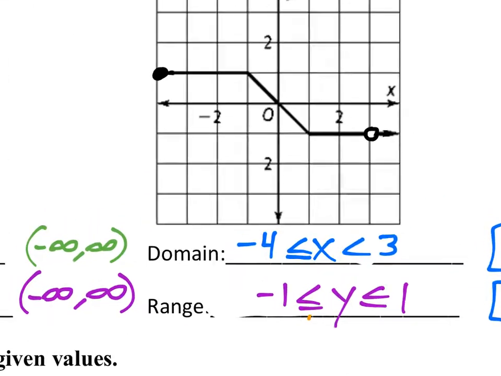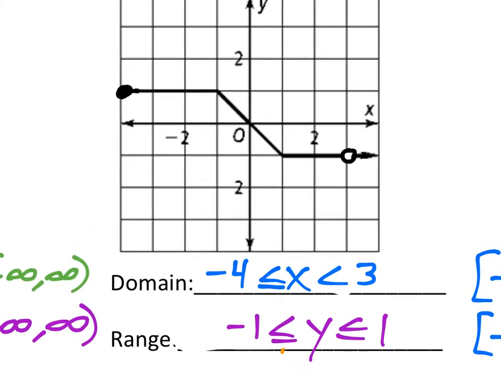We didn't talk about interval notation, but if you are familiar with this and you want to use it, that's fine. This one here doesn't have arrows on the end, so we have to talk about where we end. So for x, the furthest that I go to the left is -4. I am allowed to be equal to it because it's a solid filled in circle at the end.